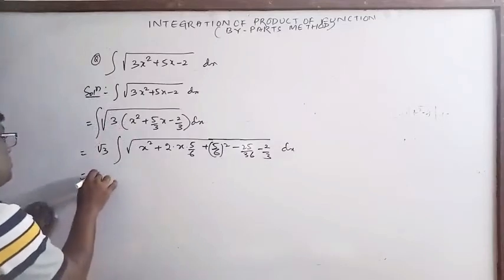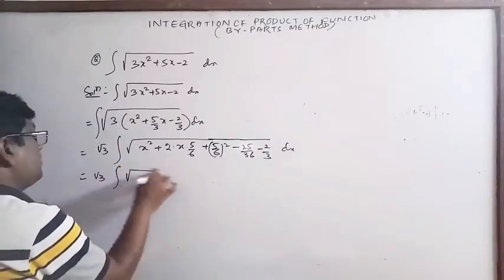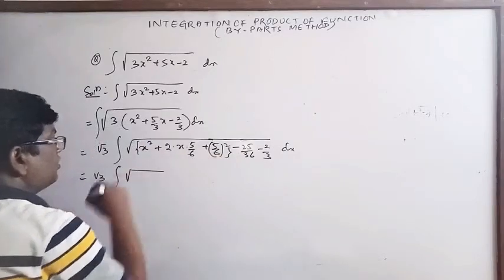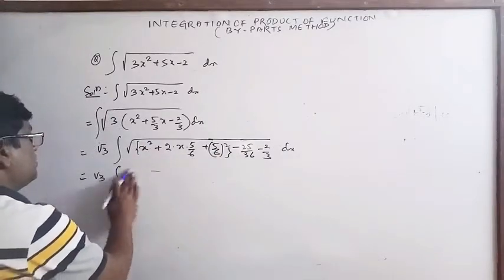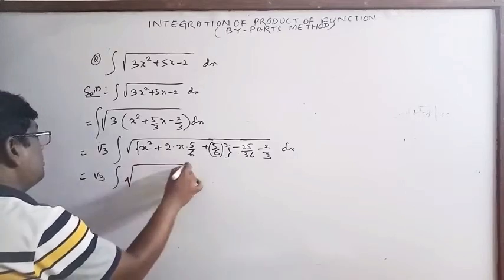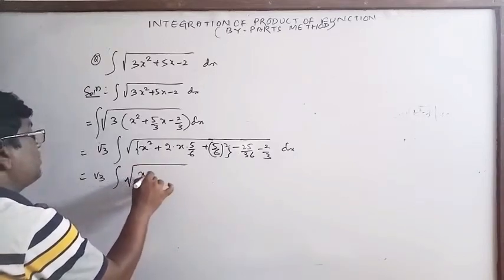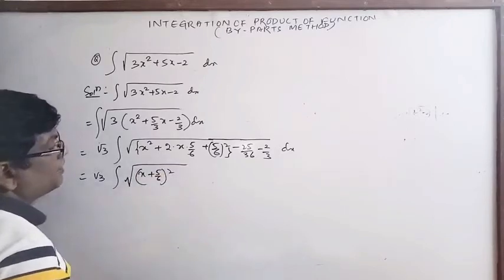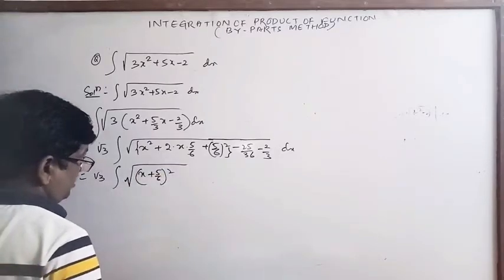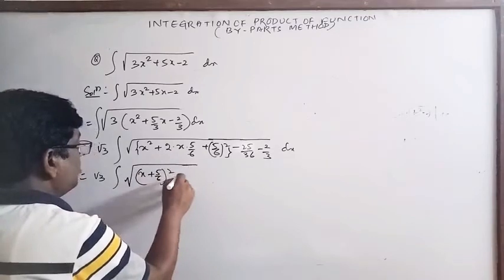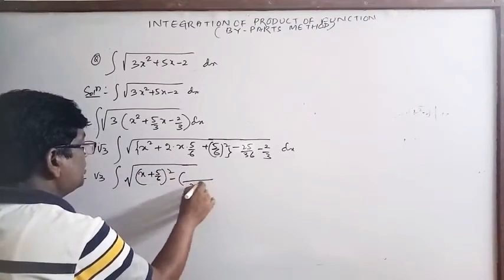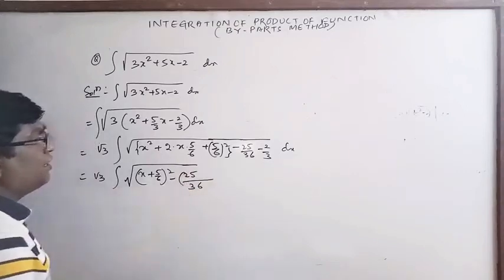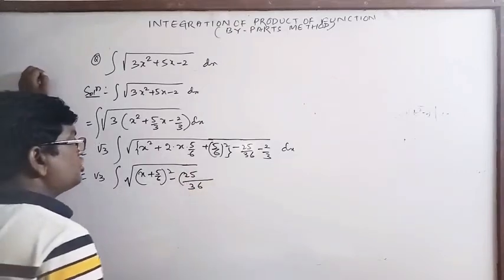So this is root 3 integration of root over x plus 5 by 6 whole square, and this is what? LCM 36: this is 25 and this is 24.